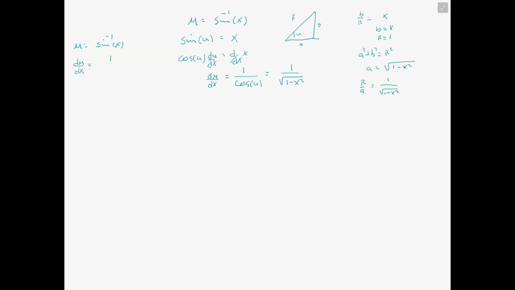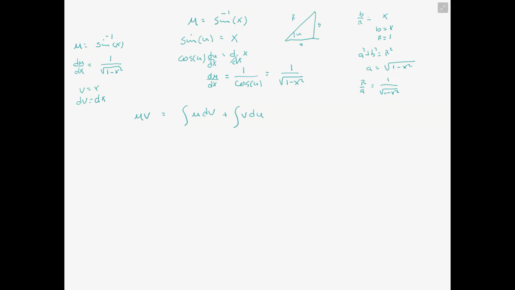Du dx equals 1 over the square root of 1 minus x squared. V equals x, dv equals dx. So we have uv equals u dv plus v du.